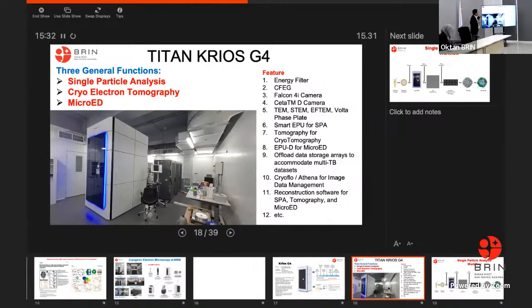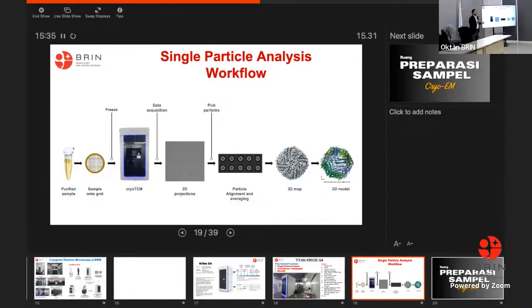Okay, continue. So this is the workflow for single particle analysis. Your purified sample is put onto a grid, and we freeze it using the Vitrobot. This is the preparation step. Then we analyze this using cryo-EM and data acquisition. This is for the optimization of the TEM, and we obtain the 2D projections, and from here we do data processing.